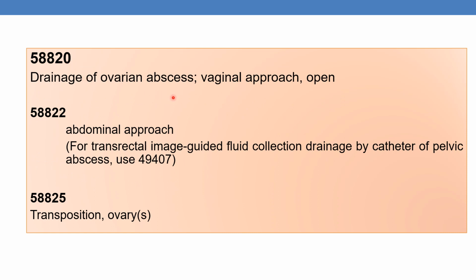Drainage of ovarian abscess, vaginal approach, open. The next is 58822. Drainage of ovarian abscess, abdominal approach. And the next CPT is 58825. For the transposition of ovary, you need to report 58825.